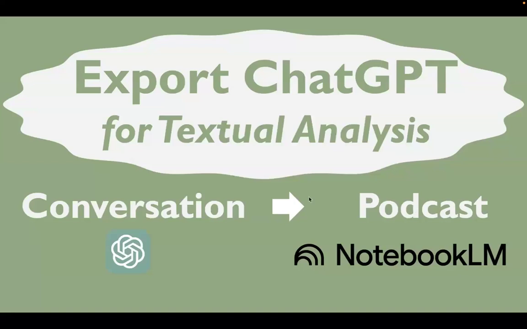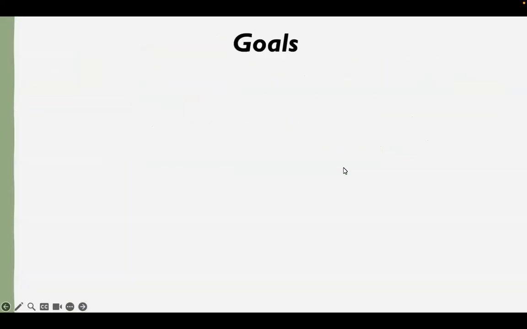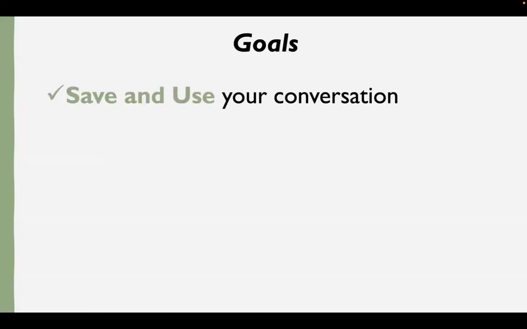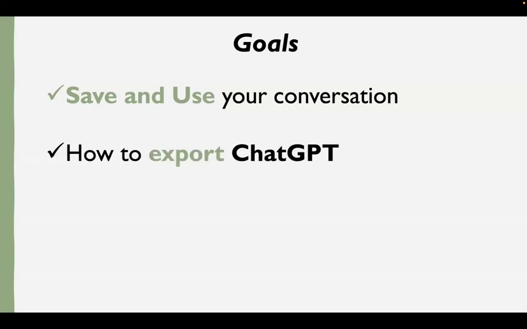So, what are the goals of today's episode? First, if you have a lot of conversation with ChatGPT, how do you save and export them to your local computer? Second, how do you extract and process that data for analysis, whether summarizing, focusing on a specific topic, or combining related information?